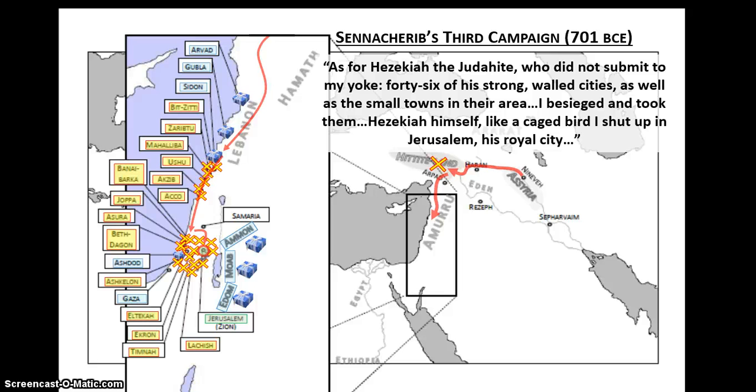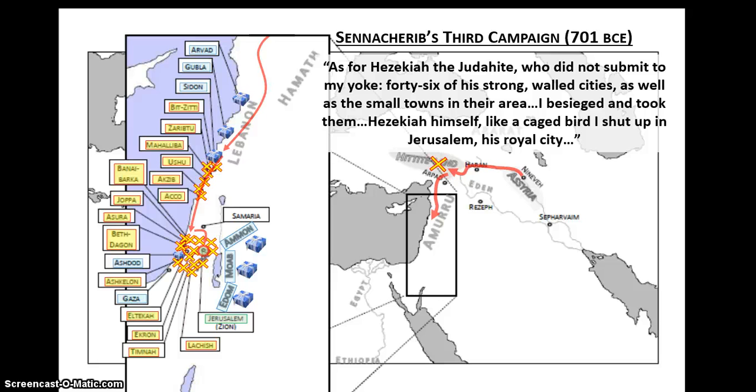He is trying to magnify himself. He is trying to list all of his achievements. And you can be sure that if he was able to get Jerusalem to surrender, he would have said that he besieged it, he captured it, he took away its spoil. But instead, all he can say is that he shut Hezekiah up like a caged bird in Jerusalem. So that is Sennacherib's side of the story.